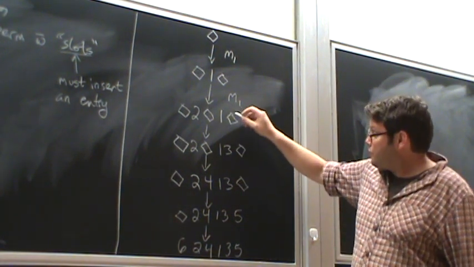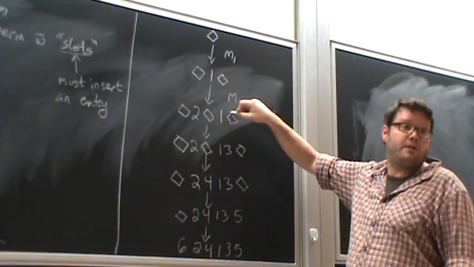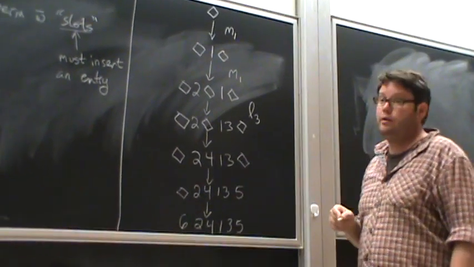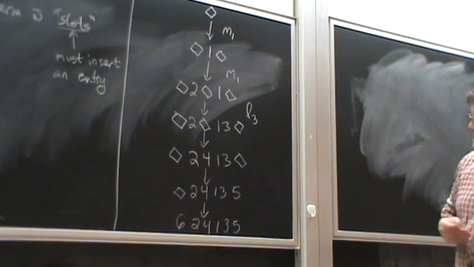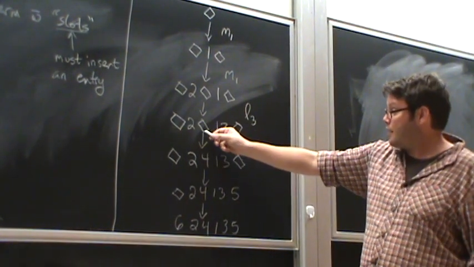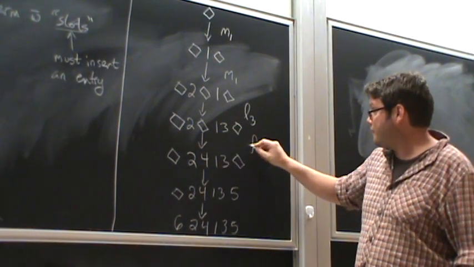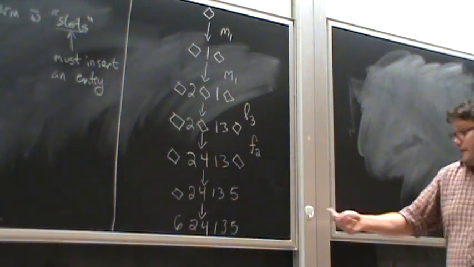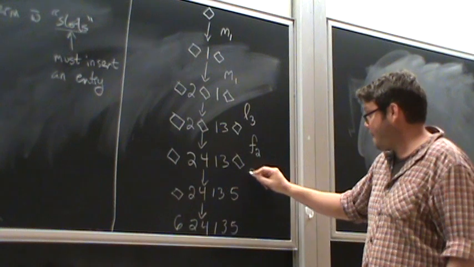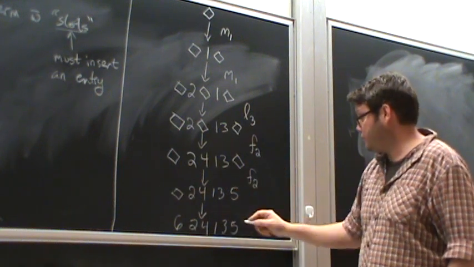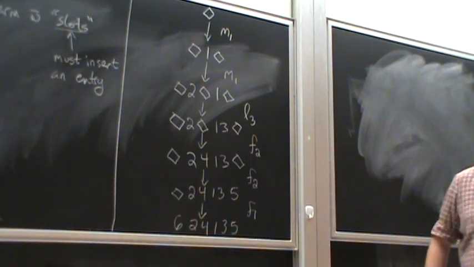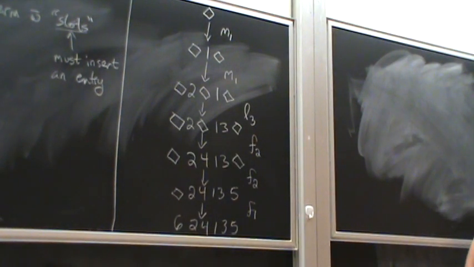Here, we put the 3 in the third slot, and we put it on the left. So we'll encode that with L3. The 4 went into the second slot, and it was the only thing there, so it filled it. So that'll be an F2. And then we filled the second slot again, and then we filled the first slot.